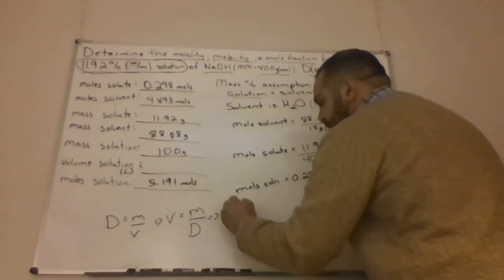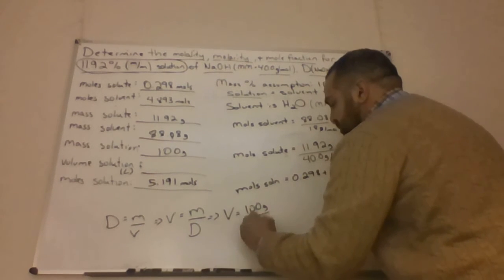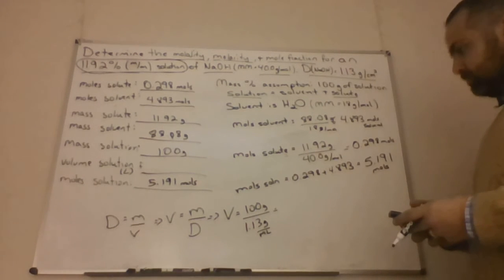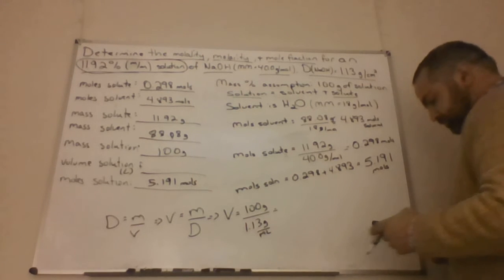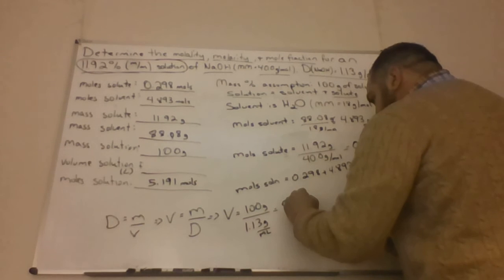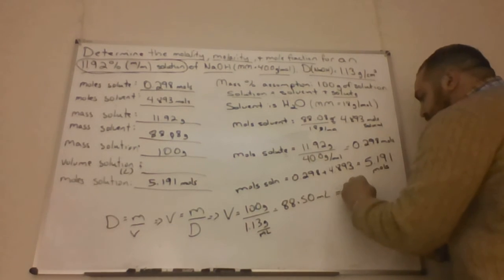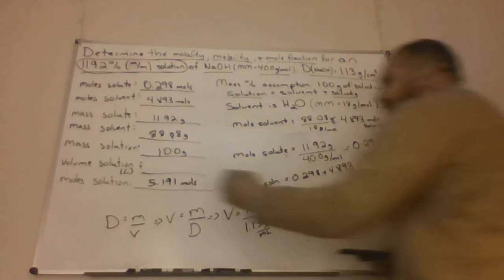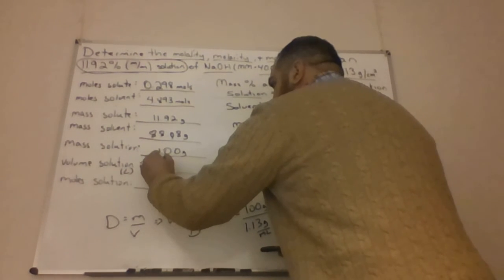So therefore, volume equals 100 grams divided by 1.13 grams per milliliter. And so we get 88.50 milliliters, which would equal 0.08850 liters. So this is the volume of solution.